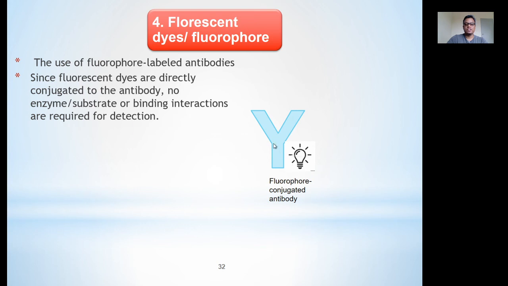So in this case, the antibody will remain active, because we will only tag the antibody with a fluorophore. So the fluorophore does not need any chemical reaction to produce light. They only need a UV or laser transmitted to them.